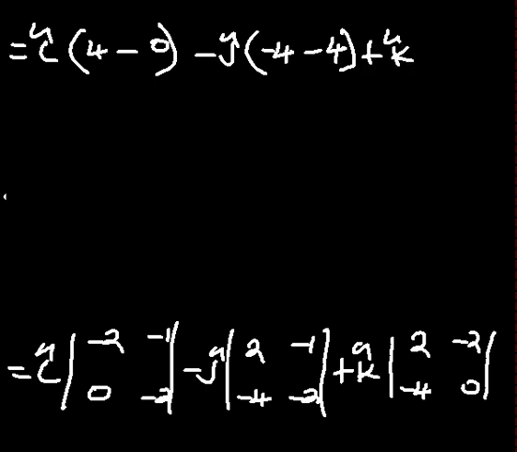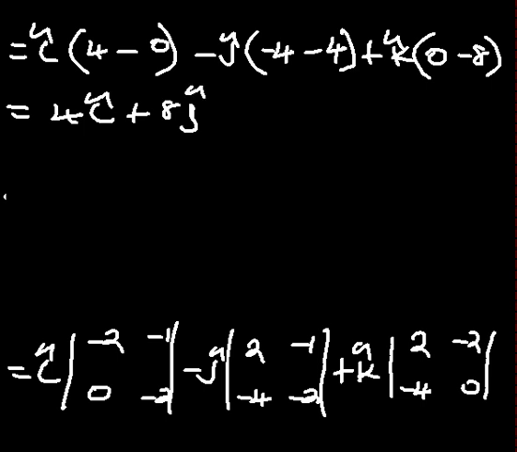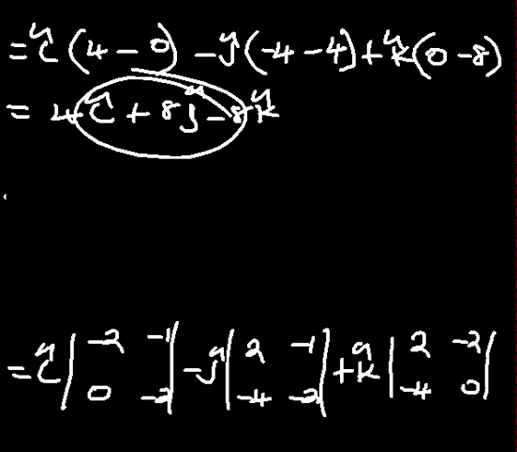And plus the k component given as 0 minus 8. So in this case we'll have it as 4i plus 8j, and minus 8k. Now this is the cross product of those two vectors.